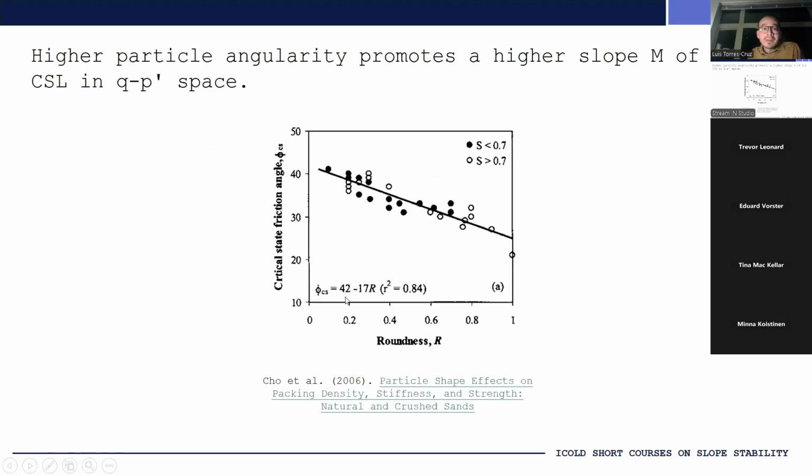So this is showing that angular particles, in other words, particles that have a low degree of roundness, have a higher critical state friction angle than rounded particles. Okay, so particle shape affects your critical state friction angle, which we often call that slope M in the Q-P prime space.